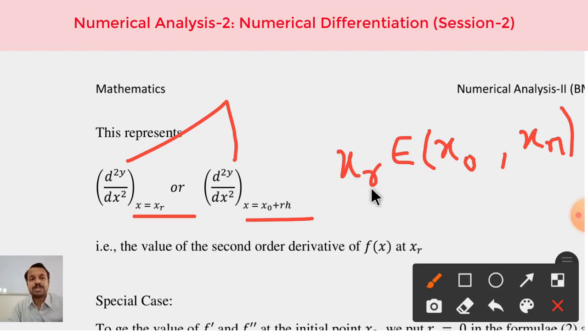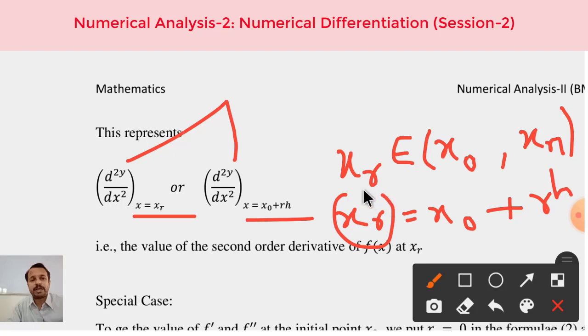So xr is such a point. In other discussion I told you that xr is nothing but x0 plus rh. So x0 is any general point which is represented like this. Now we obtained the formulae of numerical differentiation of f at this particular point.